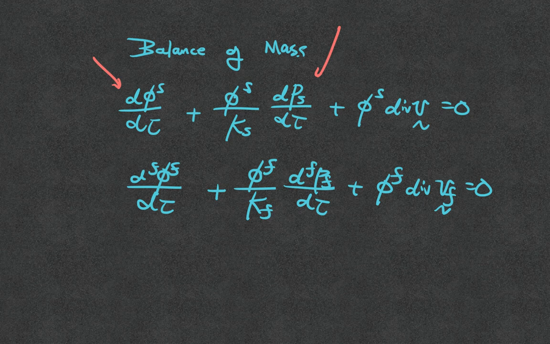I have a sample saturated with water and a particle, but that particle suddenly shrinks, or actually expands because it absorbs water or whatever. Then that would be in this term. And then the last term is the movement in and out of the system, captured by the divergence of V, okay? You see what I mean?